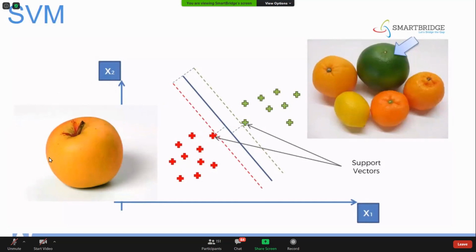So at that time, what happens? It will be misclassified as orange, but actually this is an apple. But whenever you have SVM, the support vector machine, even though an apple is looking like an opposite class, it is correctly predicted as an apple. Did you understand this, guys?